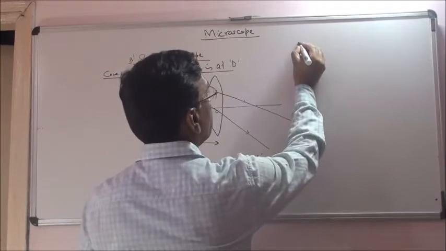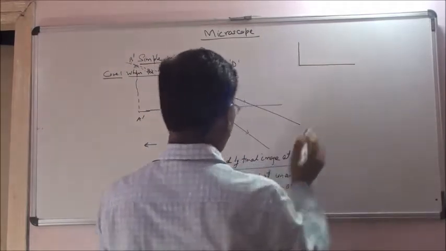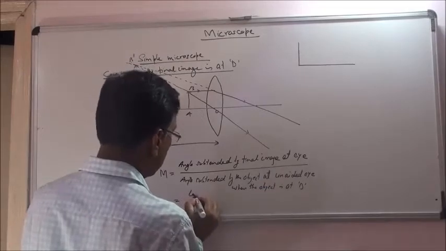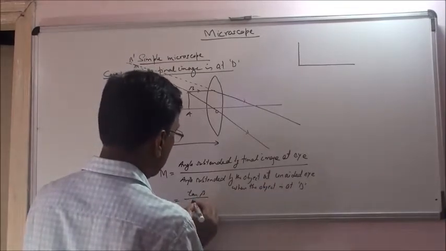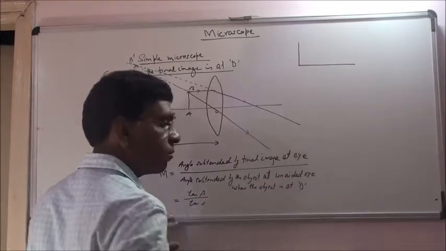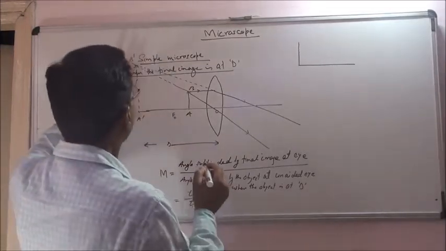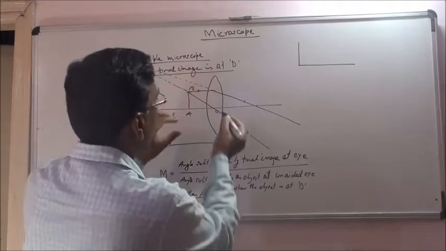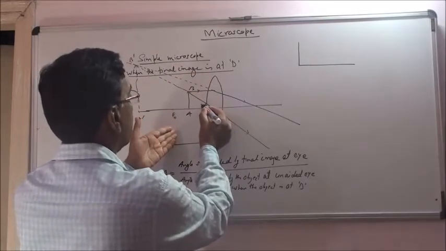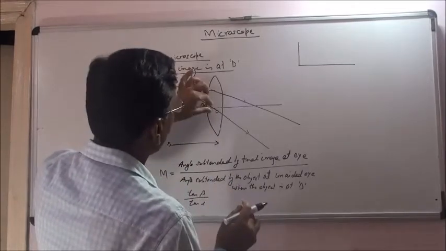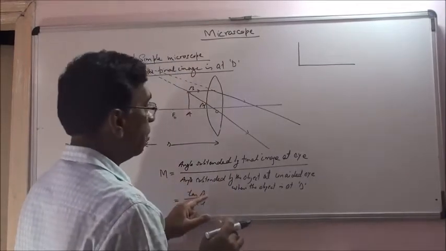So first of all, keep the object at distance D. To find out this angle, let me call it alpha, and for small angles, this will be taken as tan alpha. For small angles, angle and tangent are the same. This is the final image. The eye will be very close to this lens, so let this angle be beta, the angle subtended by the image at the lens, so tan beta.